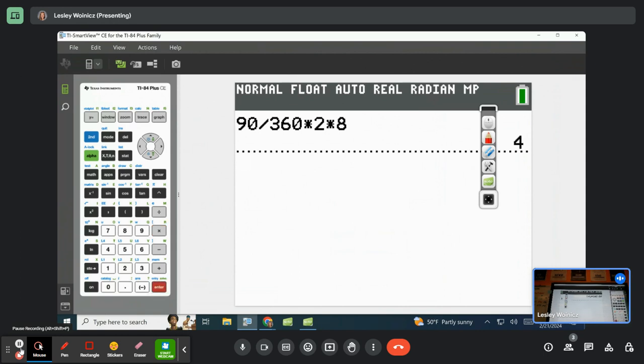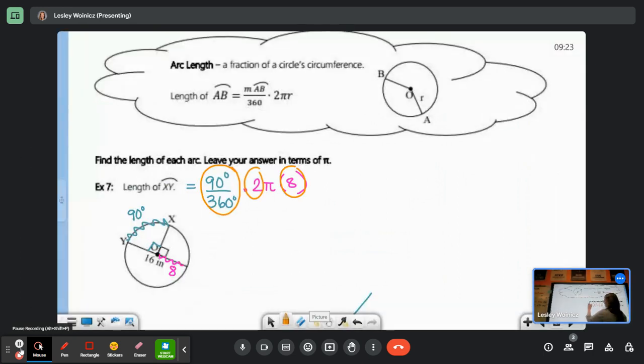That gives me 4 pi inches. This is the exact answer. It says leave your answer in terms of pi.